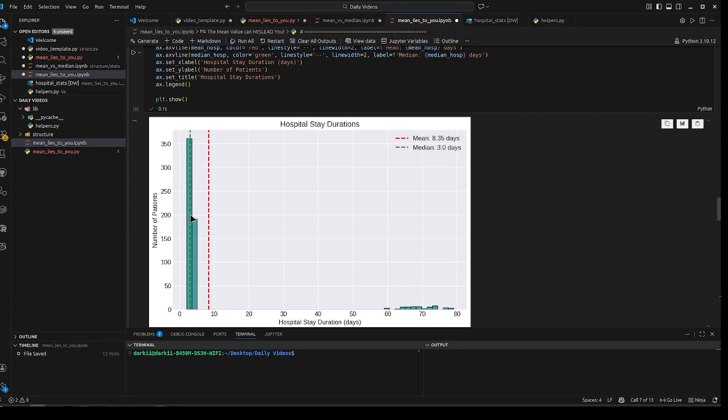We see a lot of people at the start, right? These are the majority of patients who are staying there for a short time, but you have a significant amount, still enough to skew that mean closer towards this. So because they're staying here for so long, the actual mean, once again, does not become a proper measure of central tendency.